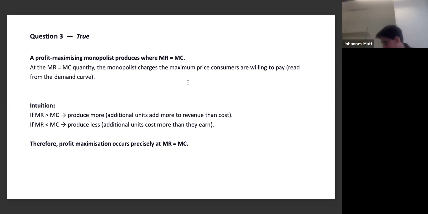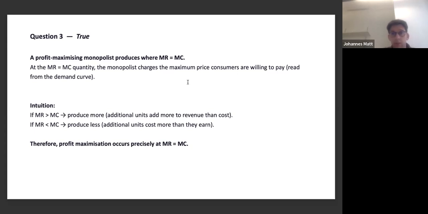Now, in the opposite case, where the marginal revenue is less than the marginal cost, that additional unit I'm selling produces a negative cash flow and negative profits. So I'm actually better off cutting back on production and selling fewer units than I did previously. As you can see with that logic, the middle case where marginal revenue is equal to marginal cost is exactly the point where I'm indifferent between producing an additional unit and reducing my production.